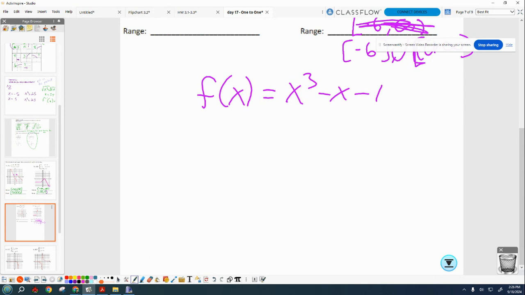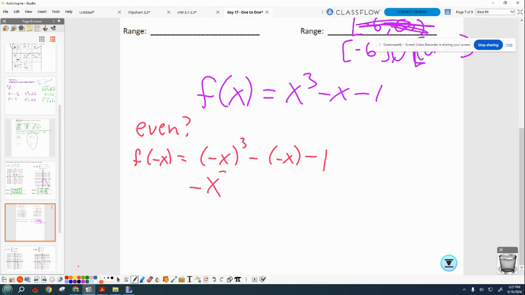People were asking about the exit card, proving something's even or odd. The first test, is it even? So find f of -x. -x to the third minus -x minus 1. Don't leave it like that, clean it up. -x times -x times -x, there's 3 negatives, I end up with a negative x to the third, that exponent doesn't disappear.